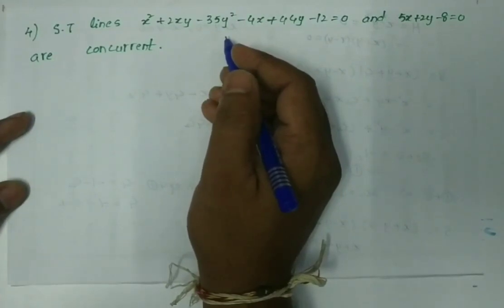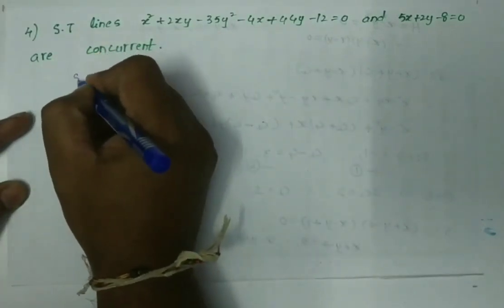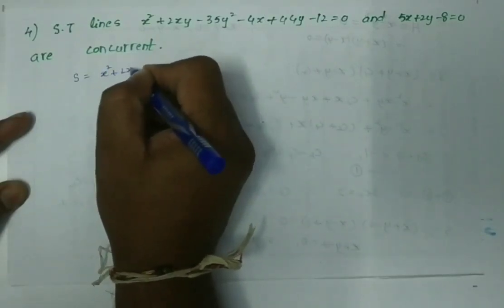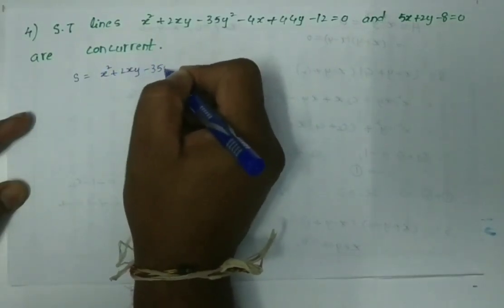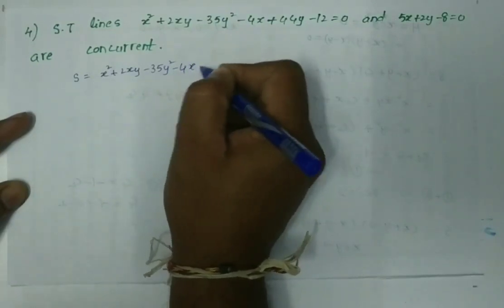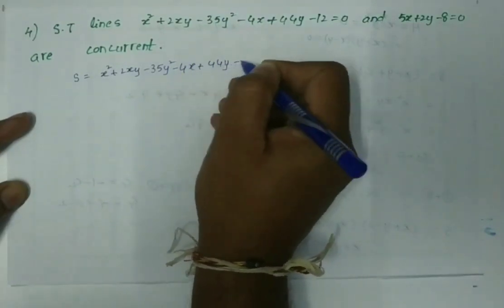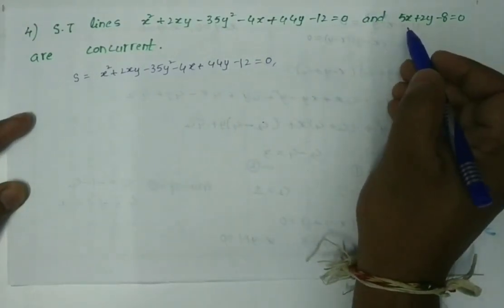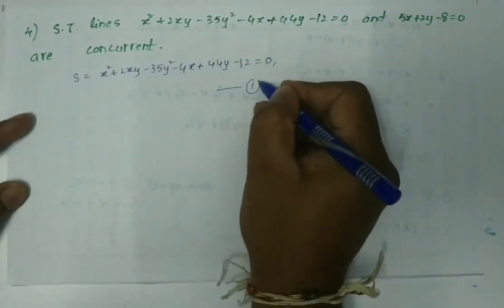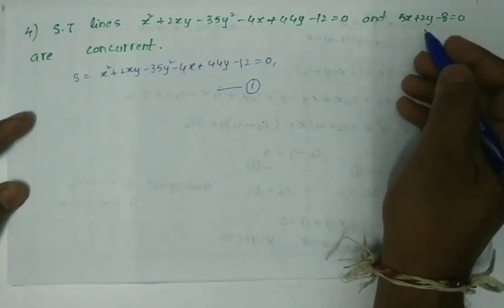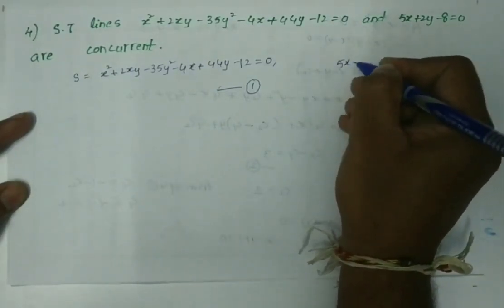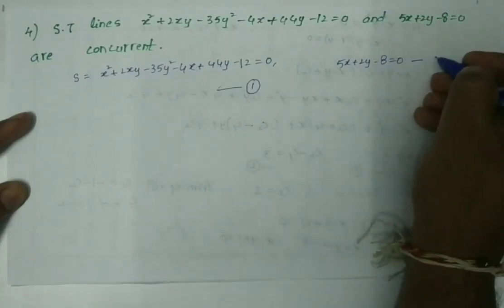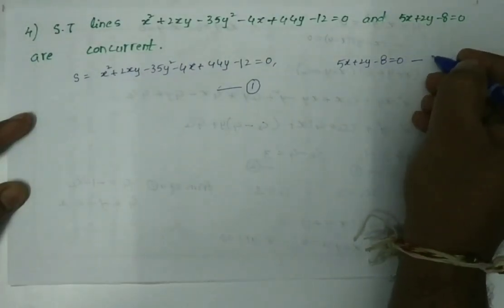Suppose this is equal to some S. So S is x square plus 2xy minus 35y square minus 4x plus 44y minus 12 is equal to 0. Let us name this as equation 1, and the other line, 5x plus 2y minus 8 is equal to 0, let us name this as equation 2.